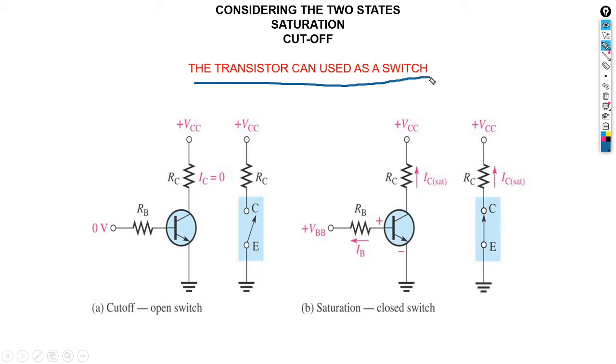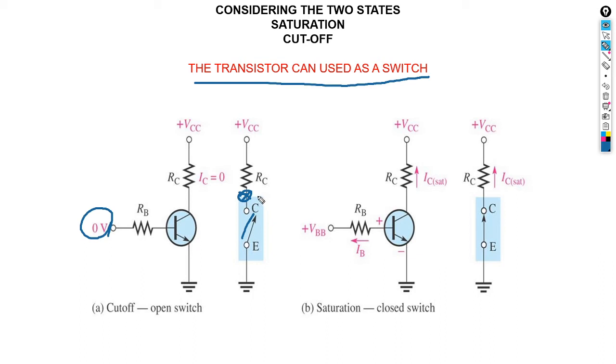If you did the lab, you will see that. Our transistor is in cutoff when you have a 0 base voltage, and therefore it is considered to be an open switch. So if, for instance, you add a small LED light here, because it's in cutoff, it won't switch on.